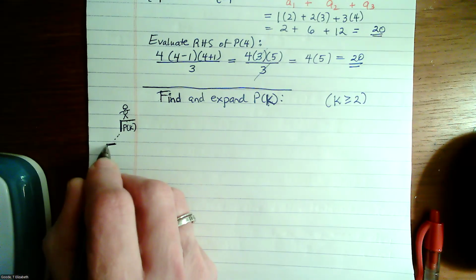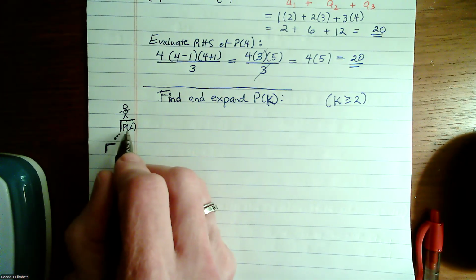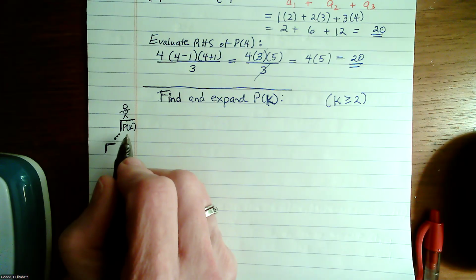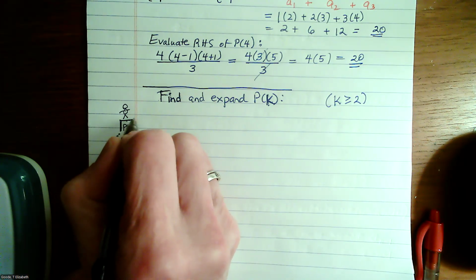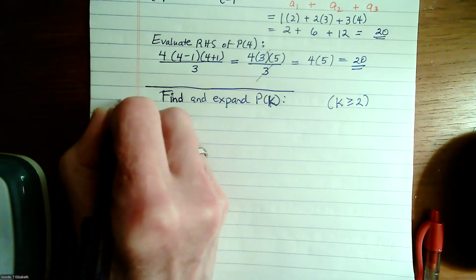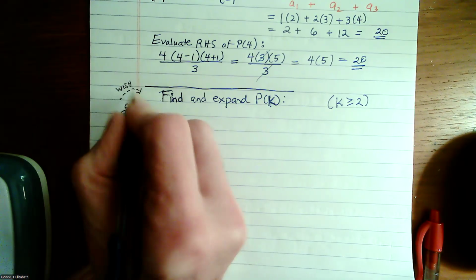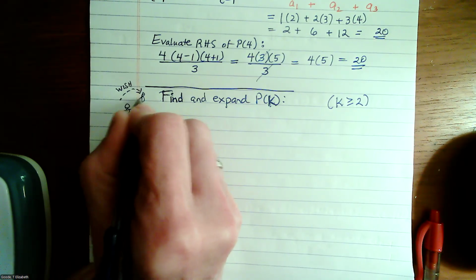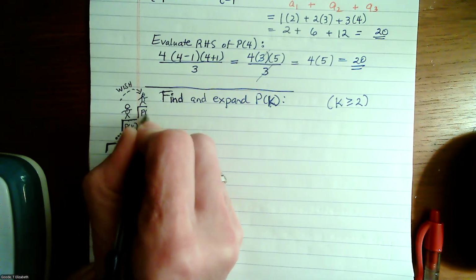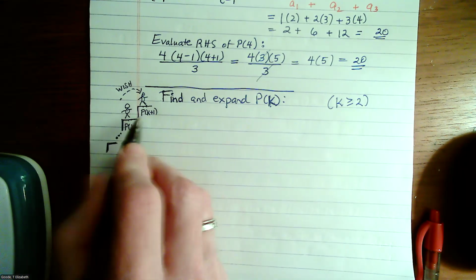It might be the bottom step, it might be way up here, but the point is these dot, dot, dots say we don't know which step this is, but it's one of them. And we assume we're standing on some step in this staircase, and then our wish is to prove that we will be able to step up to the next step by proving that P is also true at the next integer value.